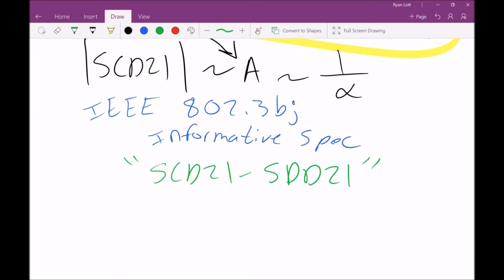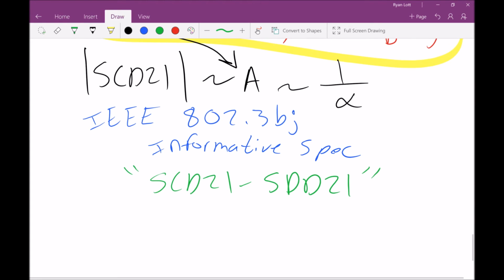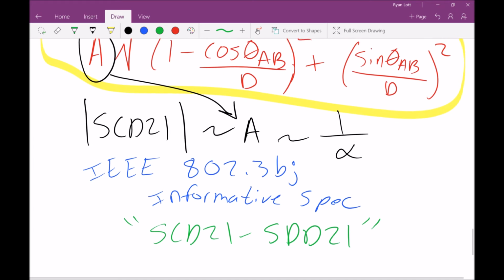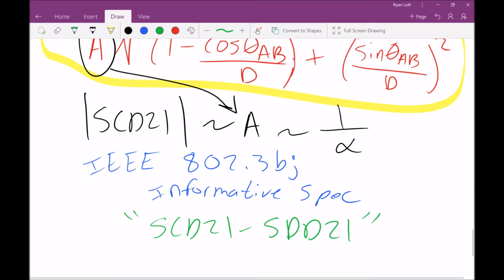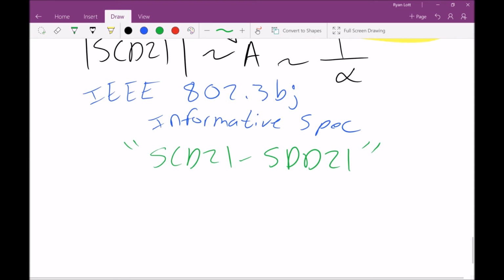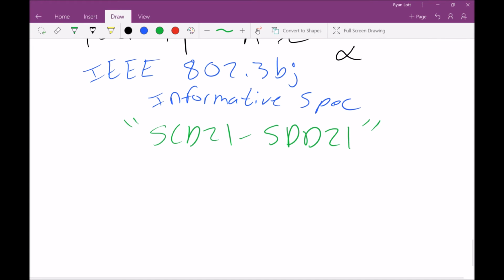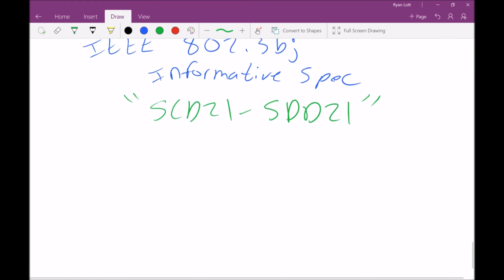When I was first introduced to this, I wasn't exactly sure why this was happening. It didn't really make any sense. No one really knew what was going on, and so I had to think about this. And once you derive the equation, it starts to make more sense. Mode conversion is directly proportional to loss. So the loss is almost tricking you into thinking that your interconnect has this much mode conversion.